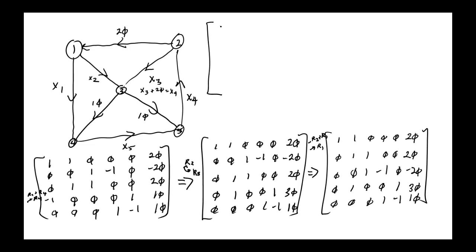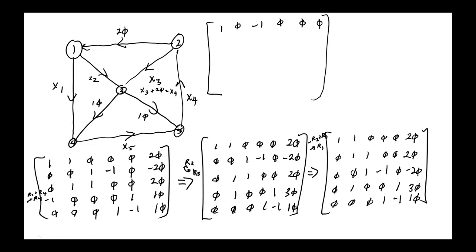Minus row 2 plus row 1. 1, 0. Excellent. That's what we wanted. Negative 1, 0, 0, 0. Ooh. All right.